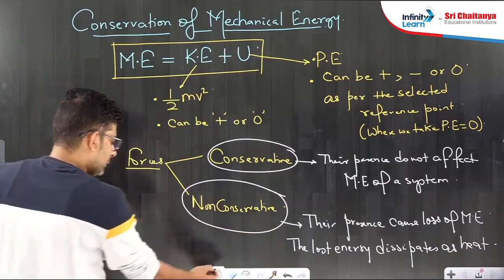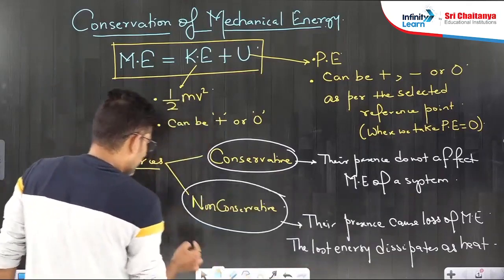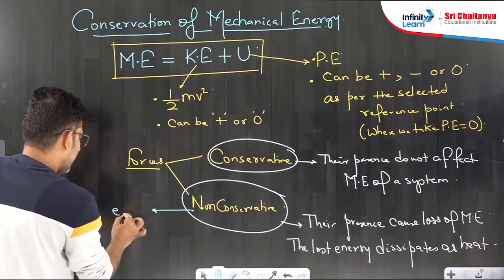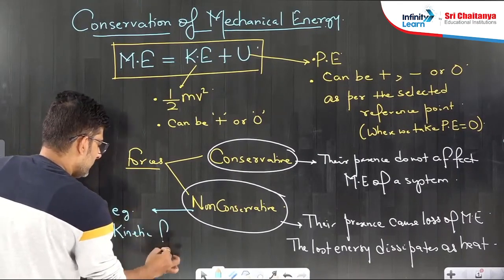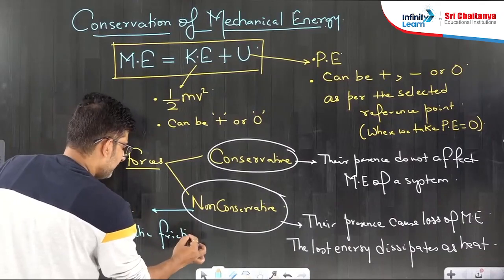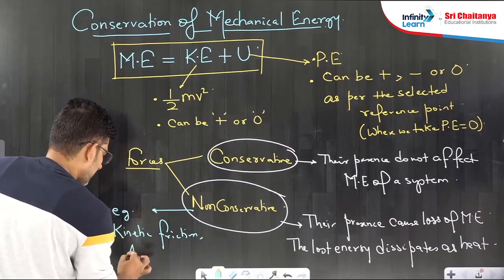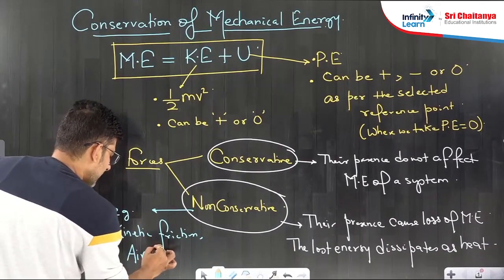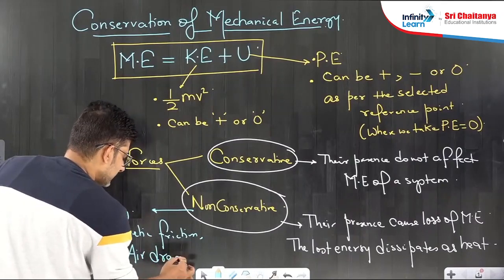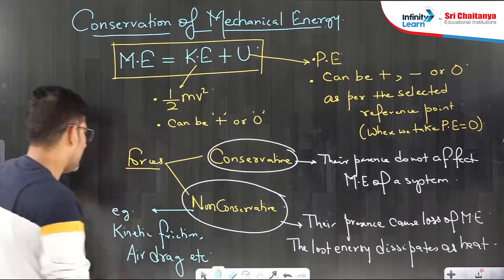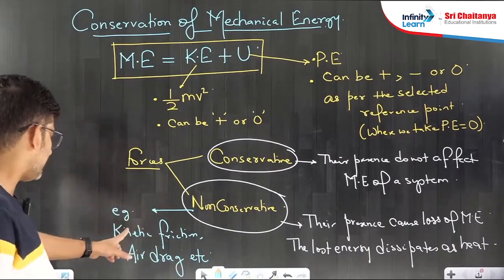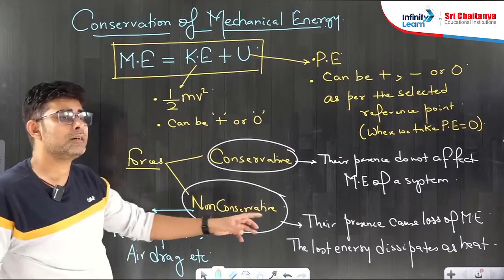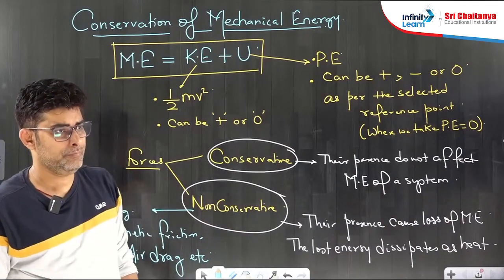So whenever we talk of non-conservative forces, the best example we can talk of is kinetic friction, air resistance, air drag, etc. These forces are non-conservative forces. Whenever such forces are present in a system, they will cause a loss in energy.